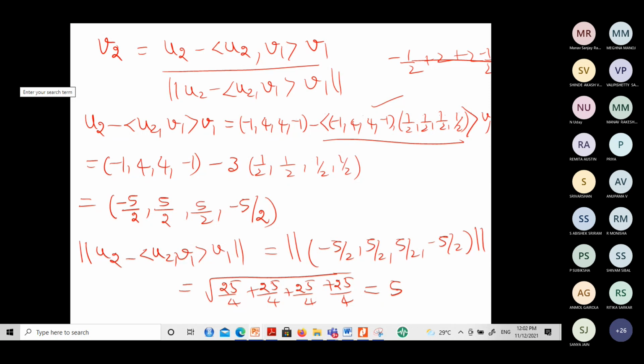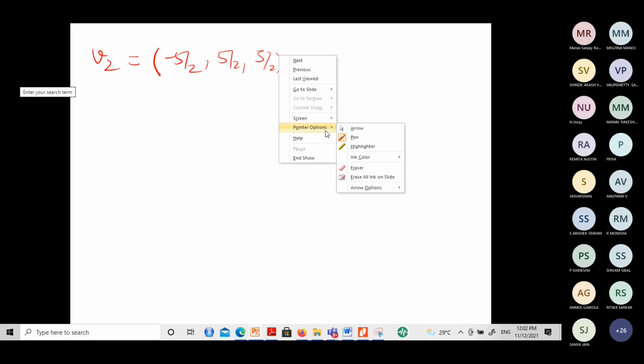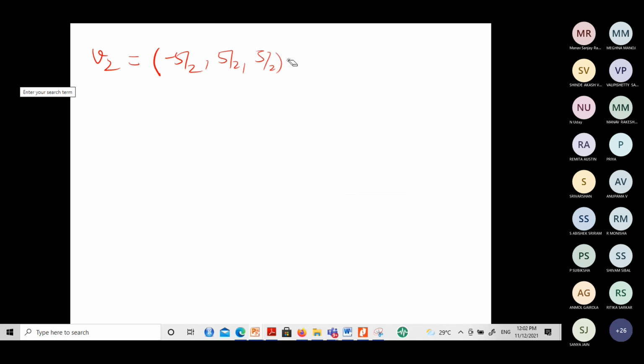Okay, so what is V2 now? V2 is equal to minus 5 by 2, 5 by 2, 5 by 2, minus 5 by 2, divided by 5.